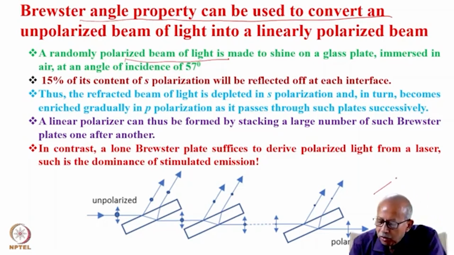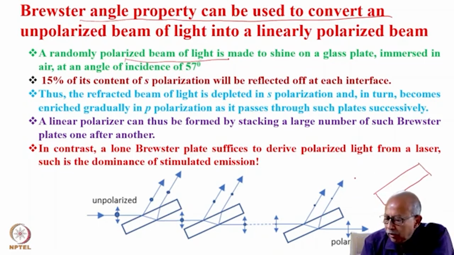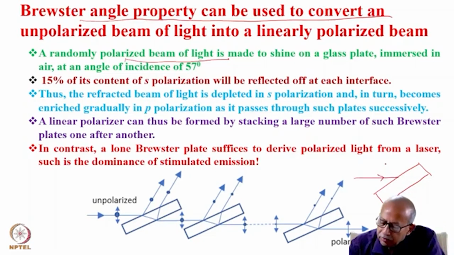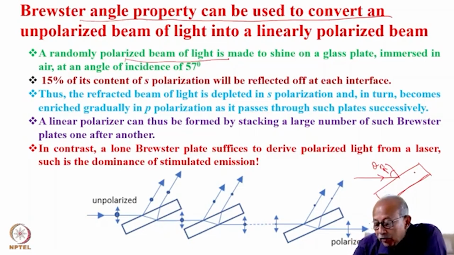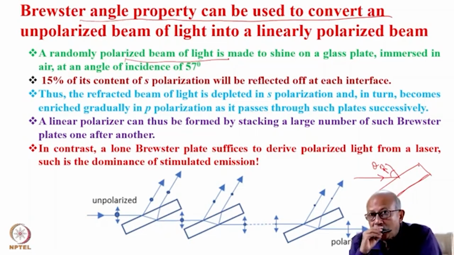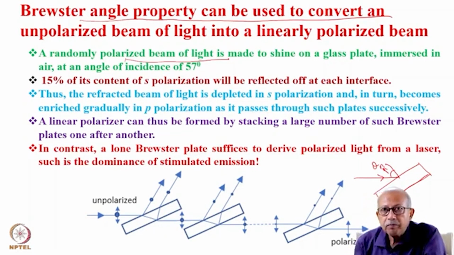When we say Brewster plate, we mean a glass plate on which we shine light at the Brewster angle, theta b. We are using this plate as a Brewster plate because at this angle of incidence, P polarization cannot be reflected. It will be only refracted.